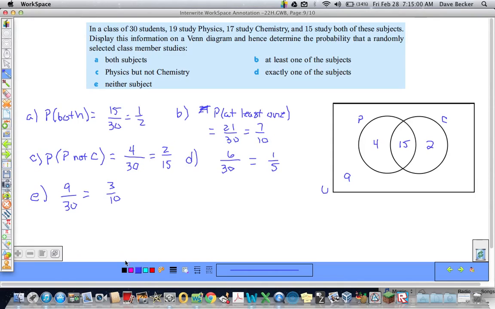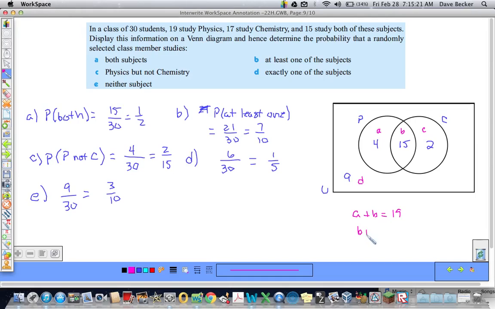The other way, if we kind of reasoned it out, but if things get dicey, we could have labeled this section A, this section B, and this section C, and this section D outside of those sets. And then we could have set up equations like this. We know that A plus B equals 19. It wasn't necessary because these numbers were really easy.